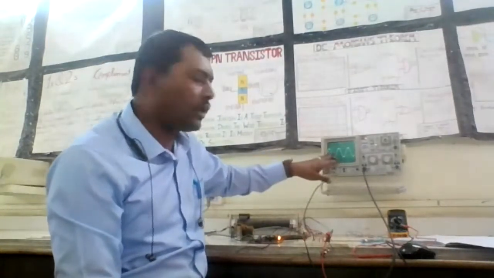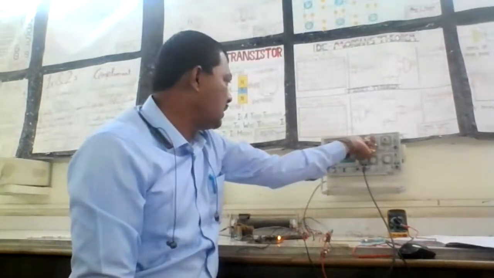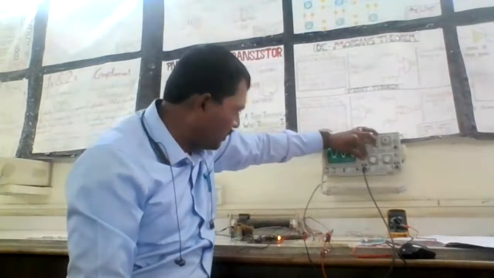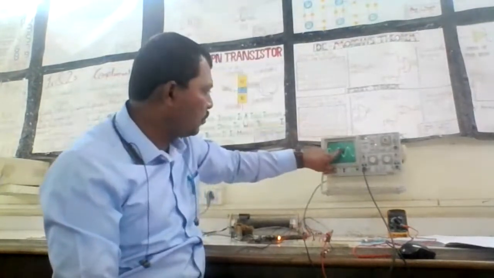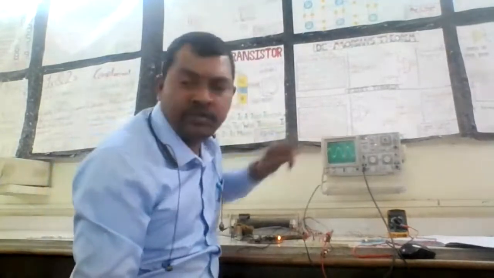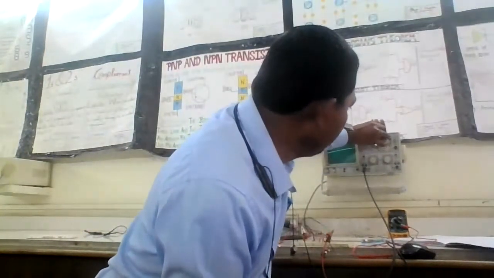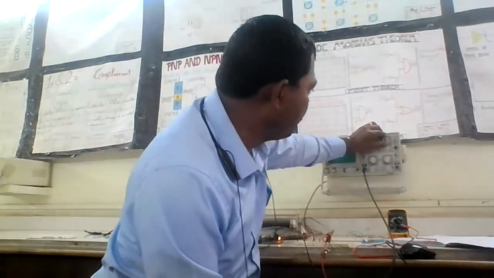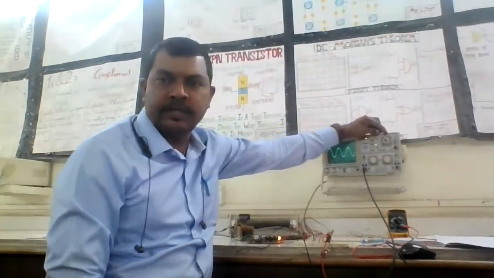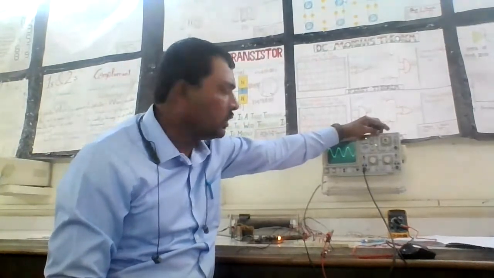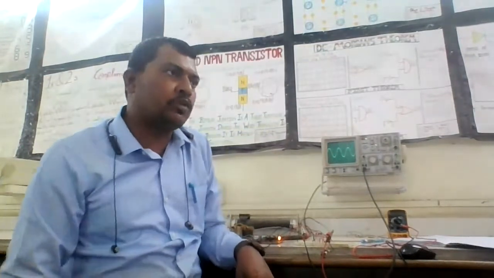We can calculate the frequency of this sine wave by using the CRO. We can take the peak to peak distance of this. So it is 1, 2, 3, and I guess 3.5. The time per division in the CRO is kept on the 10 microsecond scale. So 10 into 3.5 is around 350 microseconds.